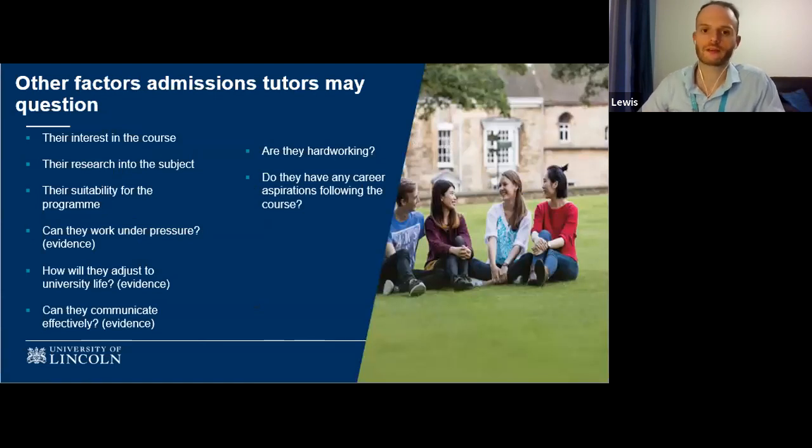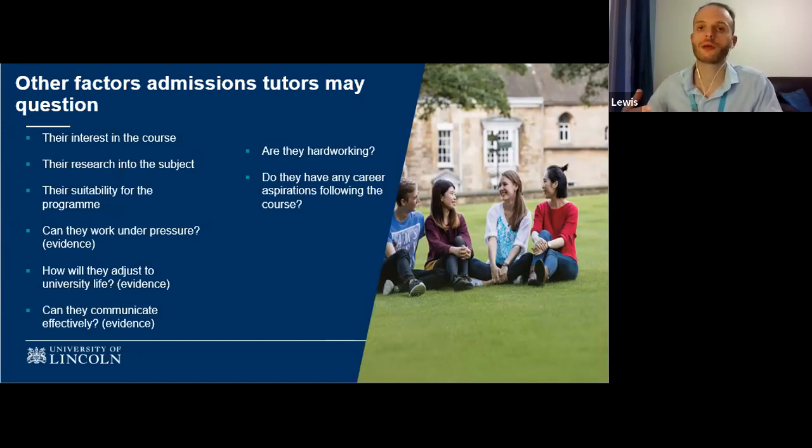So, some of the other factors that admissions tutors may question. Now, I won't go through all of these, but let's just have a little look at adjusting to university life. University is both a social and academic experience, and students should be encouraged to talk about their interests, whether they belong to any clubs or societies, for example, and if they intend to do this at university.